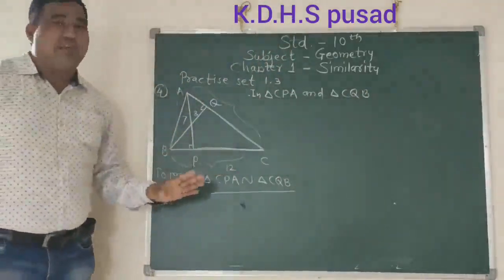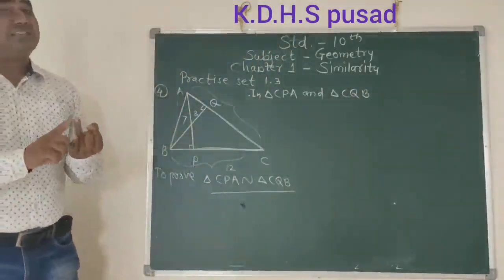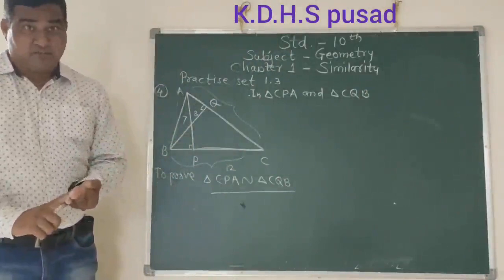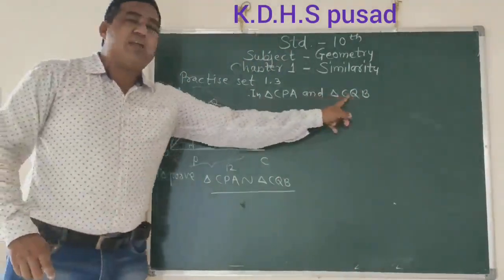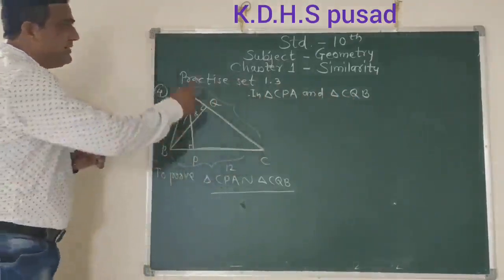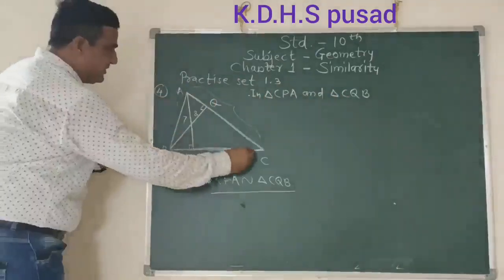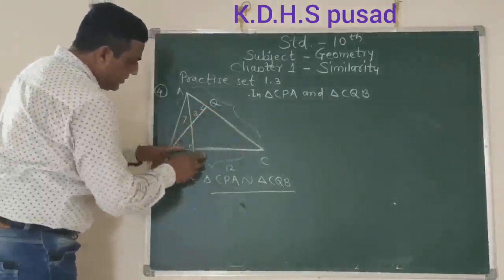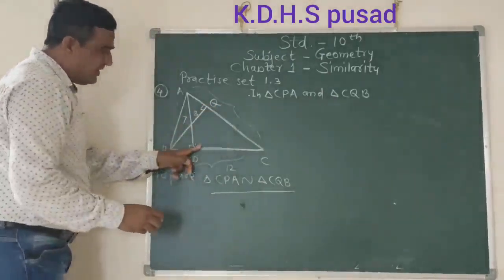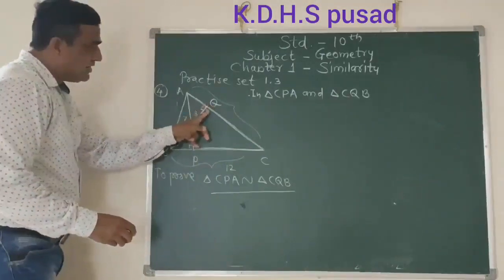Whenever there is no side data for calculation, we cannot use SSS test or SAS test. So you have only one option, that is AA test. So you have to prove any two angles congruent. So now check in triangle CPA and triangle CQB. What about this symbol? That is 90. Angle CPA is 90 and this angle Q is 90.